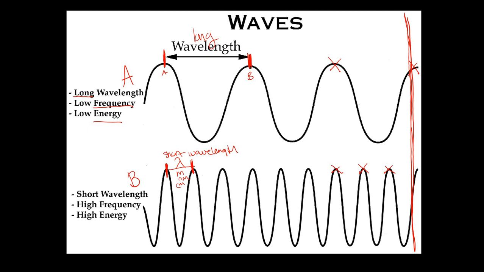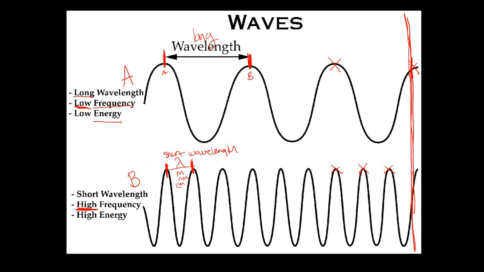Looking down here, this one would hit 4 times for every 2 times that one hits. Therefore, this is going to have a high frequency, with more waves hitting the wall than the wave up here. So B has a high frequency, where A has a low frequency because the waves are larger, hitting the wall less often.